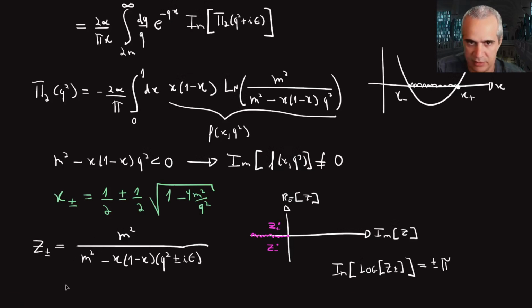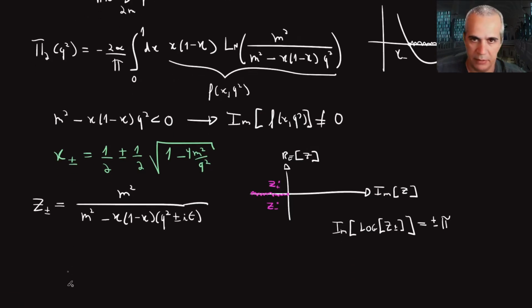And say the following. The imaginary part of pi 2 of q squared plus i epsilon, which is the thing we obtain, is just minus 2 alpha over pi.